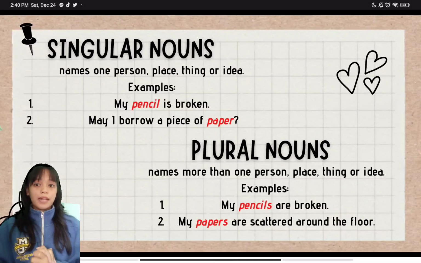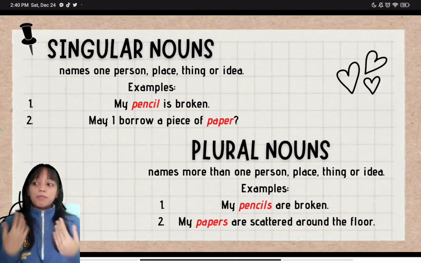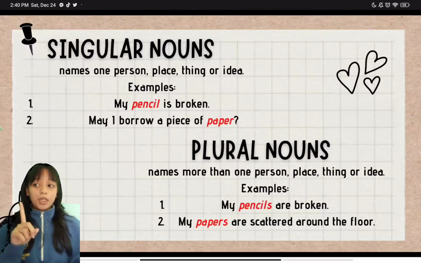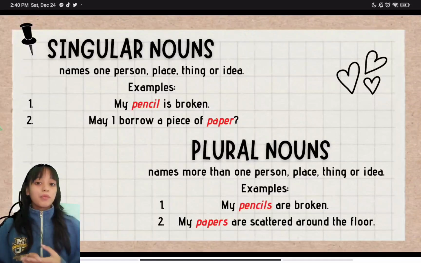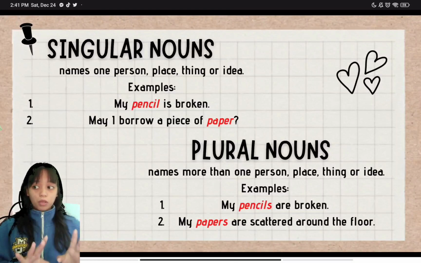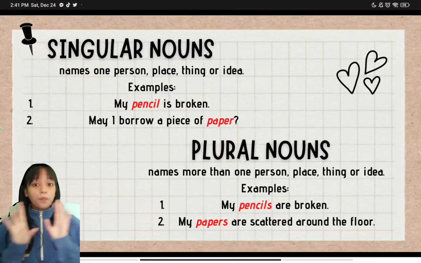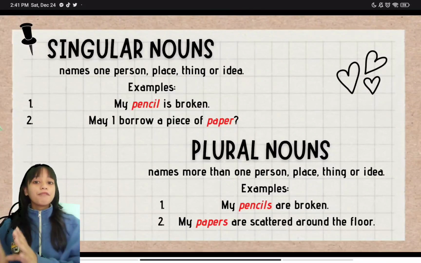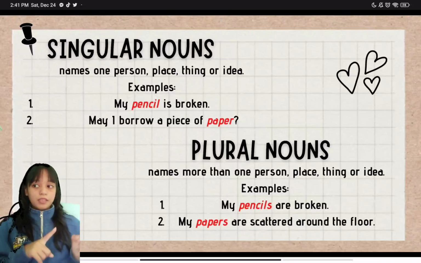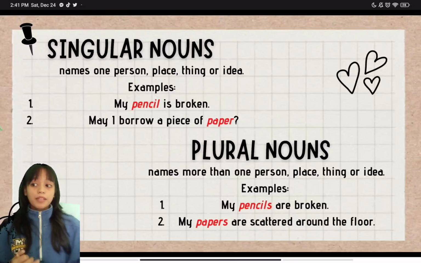Next are the plural nouns. They name more than one person, place, thing, or idea. They usually end with S or ES, or are nouns that become plural, like from pencil to pencils, from leaf to leaves. So the first example is, my pencils are broken.